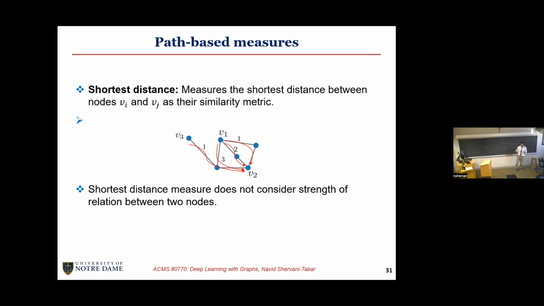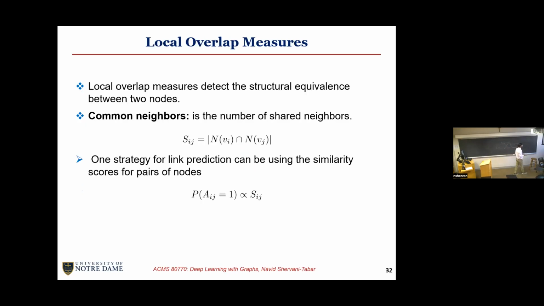The problem with this path-based method is that it does not take into account the number of paths between those two nodes. For that reason, people use local overlap methods, which look at the neighborhood of the nodes and how much the neighborhoods of those two nodes overlap. Essentially, how many neighbors do they share with each other?